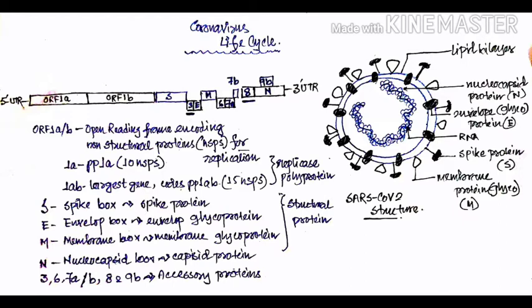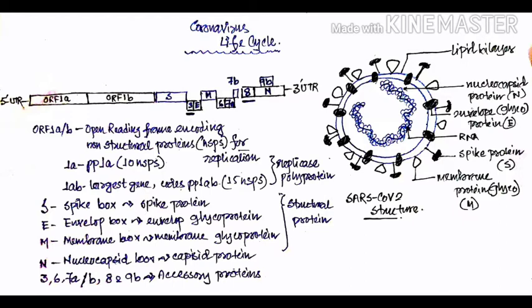The 1a portion transcribes and translates for the polyprotein PP1a, whereas 1ab is the largest gene and codes for PP1ab. Together, they are the replicase polyprotein.